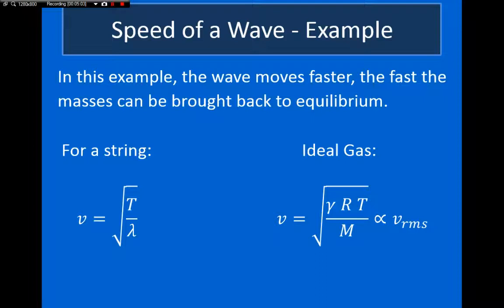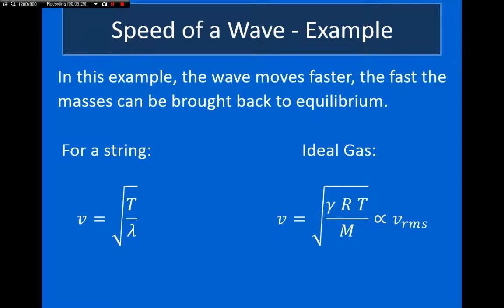Now, remember I said for an ideal gas, or actually any gas, the equilibrium condition is that the gas should have a uniform distribution, a uniform density, okay? So it turns out that the speed of a wave in a gas is just related to its RMS speed. In fact, it's just proportional to that. This gamma here is a constant, which is called the adiabatic constant for a gas.